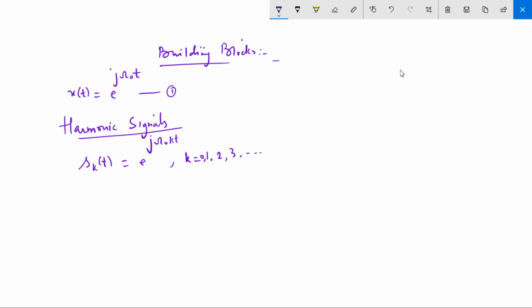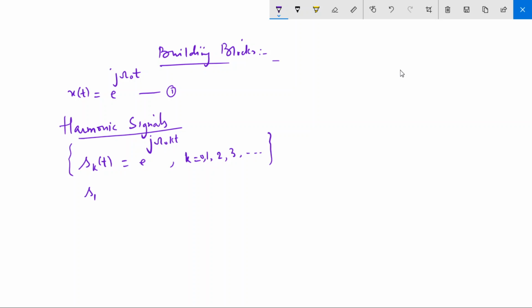What we mean by harmonic signals is that all these signals have a frequency that is a multiple of a single frequency. This is a set of signals. I have used the subscript k, so k can take any value. If k is 0, it is e raised to power 0, which is 1, a constant signal, of course.